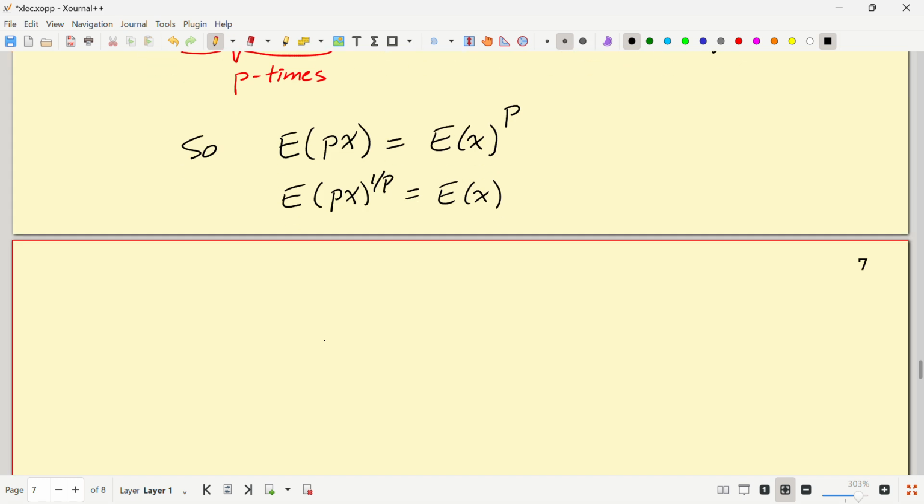Here's what I'm trying to say. So just play around. Also show that the log of x to the r is r log x, stuff like that. x would have to be positive.